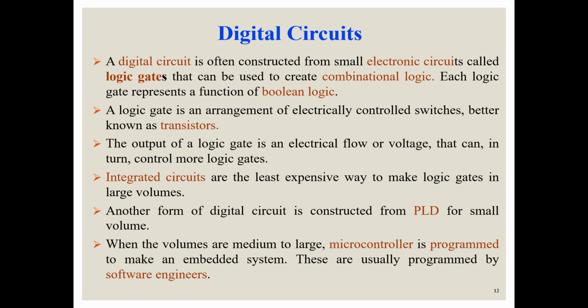What this line indicates is that the output that comes out from one logic gate can be given as an input to different logic gates which are connected to it in the next level of the design.